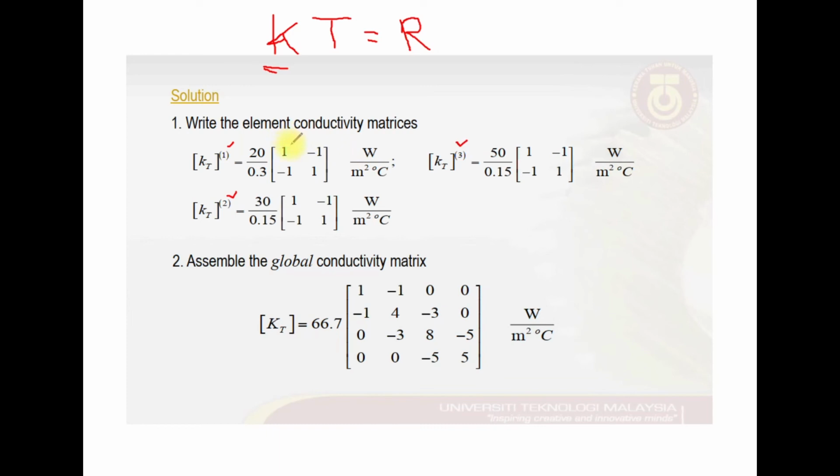As usual, it is good to write the element connectivity for each element.